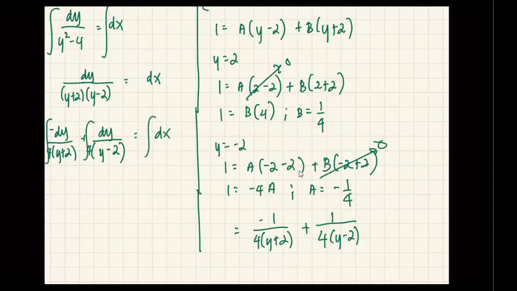Okay? So, ma-integrate to, labas natin yung constant. Then, negative 1/4 ln y plus 2 plus 1/4 ln y minus 2 is equal to x plus c. Okay? So, may plus c tayo doon.